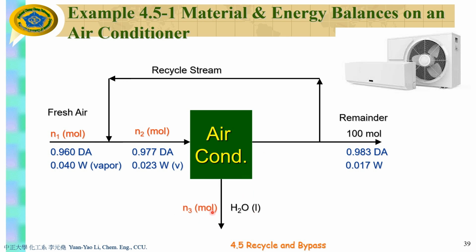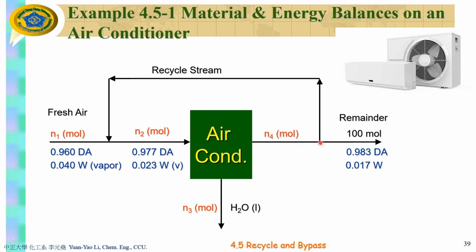Of course, there's no fraction, so you need one unknown here, only pure water. And this stream is number 4. But you need to know the ratio of this. Is the ratio of dry air and water in this stream known or unknown?